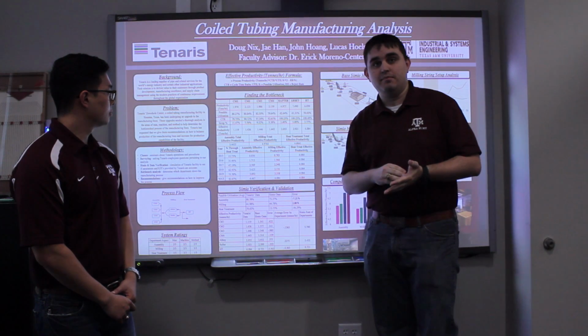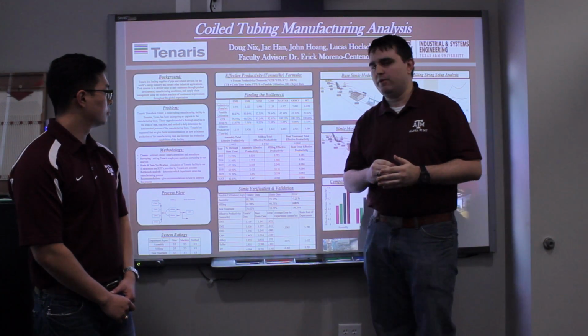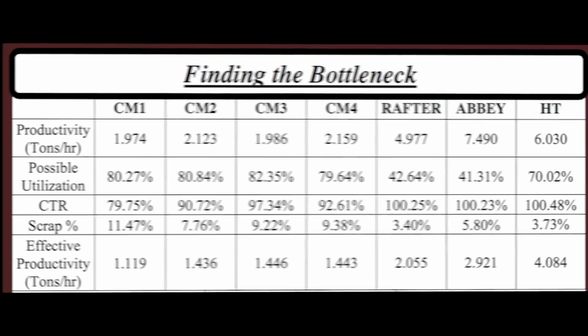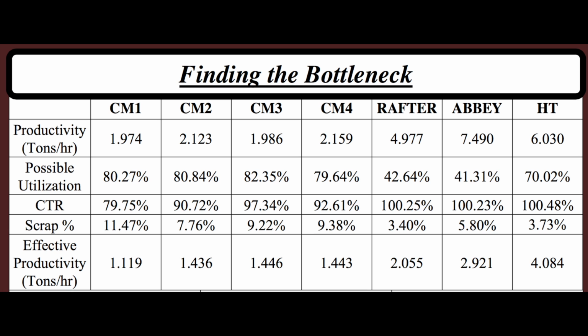In the data provided by Tenaris, we were given the productivity capabilities of each server within each department, the utilization that server witnessed over the past year, its cycle time ratio, and its scrap percentage, or the amount of materials it had to throw out over the past year. By multiplying these all together, we were able to determine the effective productivity.